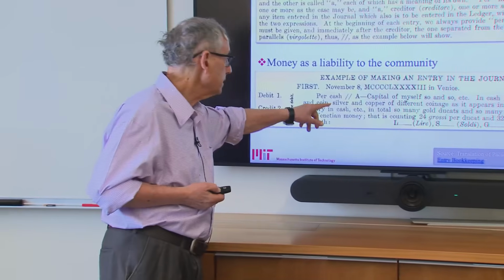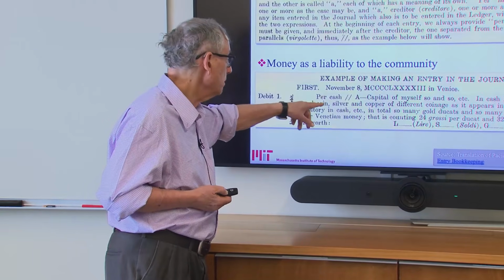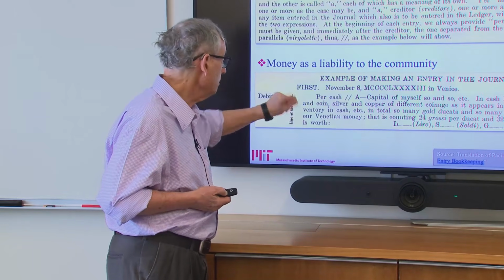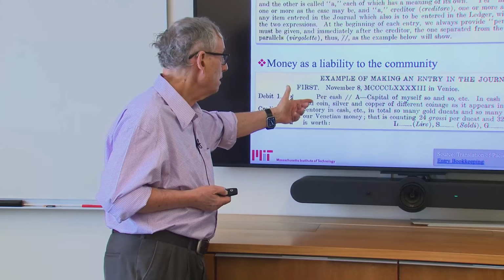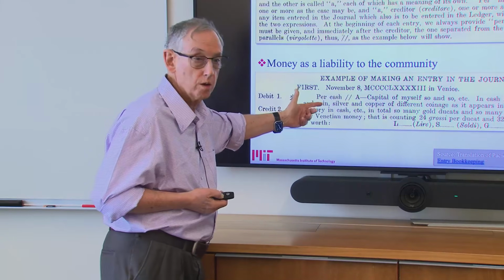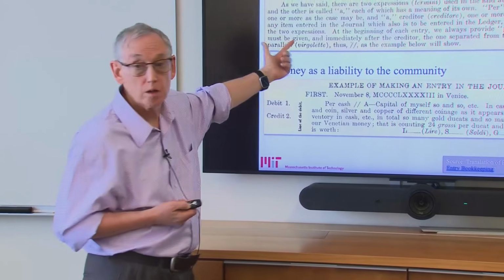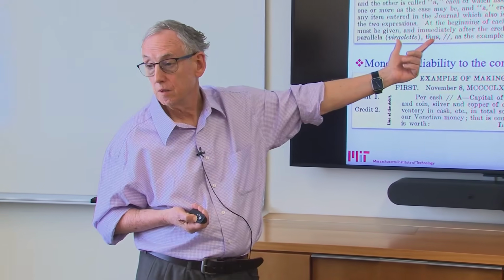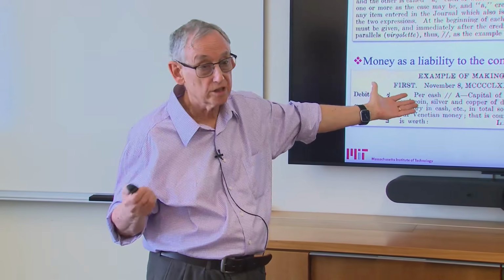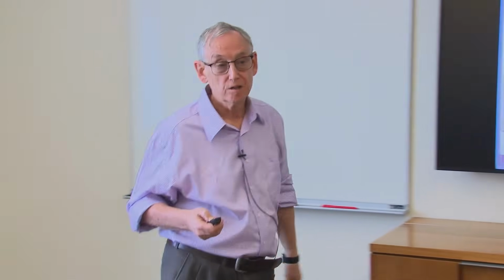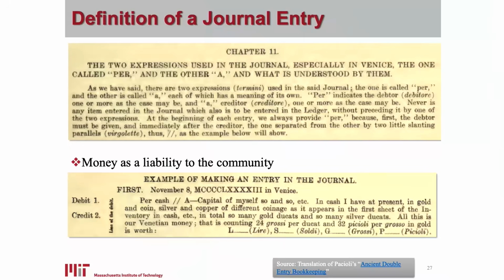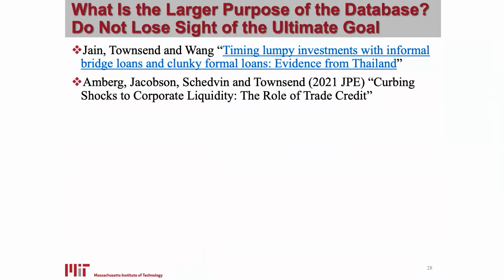And these cash items, I hesitate to say, either appearing in transactions or in the balance sheet, they are denoted with per. Per means you're a debtor. It's clear that this is what he had in mind. I'll come back to that.